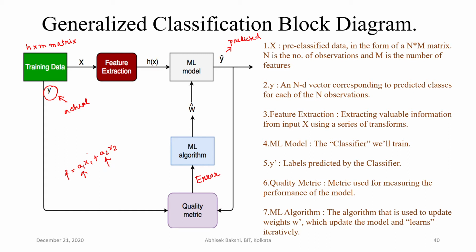With some x1 and x2, it will produce some y hat, and for that particular x1 and x2 I know what the actual y is. Depending on this error, that is y minus y hat, a1 and a2 will be modified in such a way that for the next pattern this ML model will produce a result much closer to the actual y that it should have.